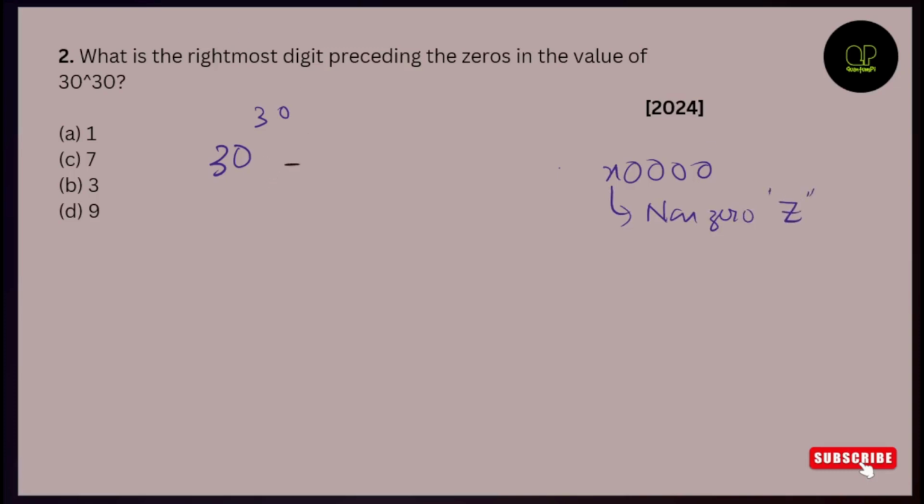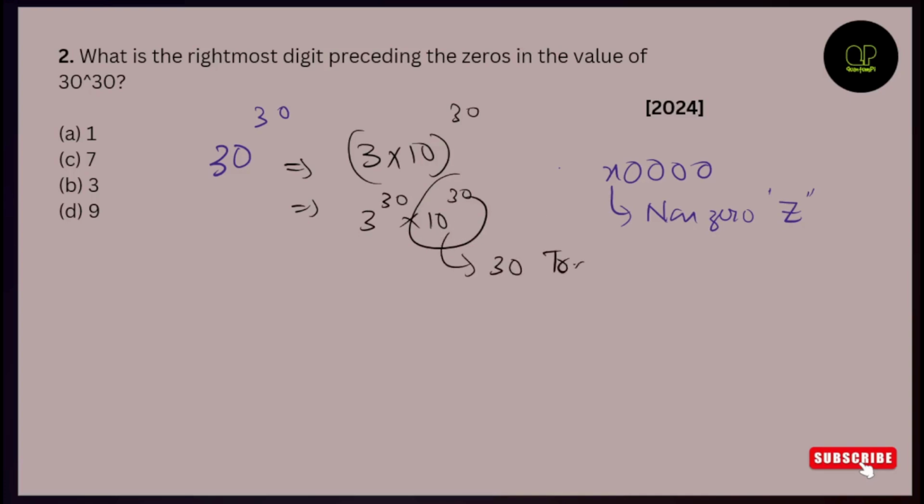So 30 power 30 is nothing but 3 into 10 power 30, so this is 3 power 30 into 10 power 30. See, 10 power 30 will give you 10, 10, 10, thirty times, so you have 30 trailing zeros. But I wanted the non-zero digit before these.